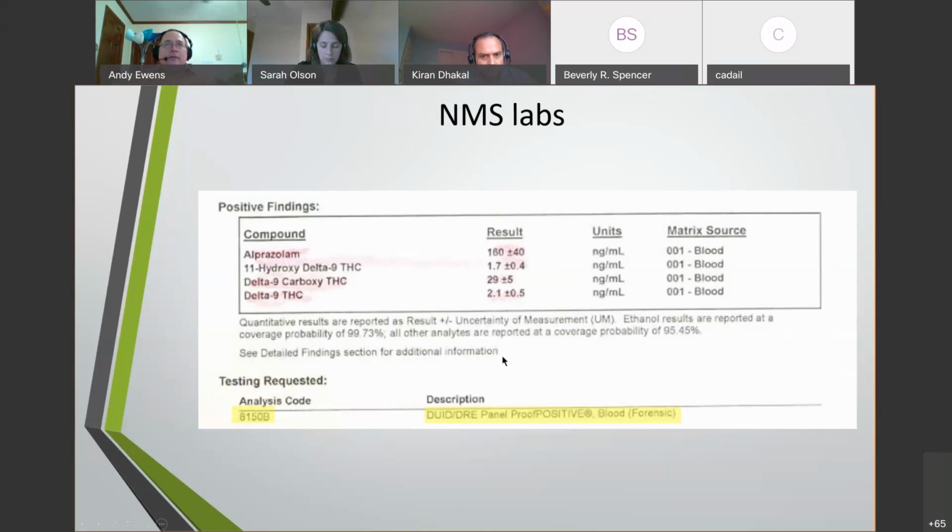And to get more information, they tell you the type of test that was run, which has a code number, 8150B. The B at the end means that it was tested in blood. This could be 8150U, and that would mean that it was tested in urine. And then this is called a DFC drug panel. So this would be something usually you looked at for drunk driving or drug driving.